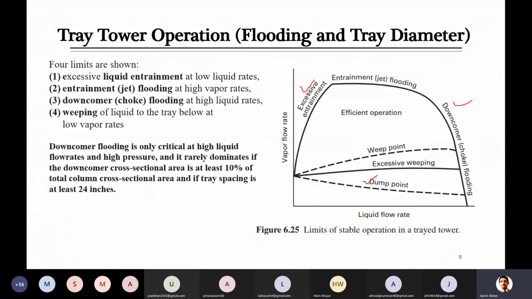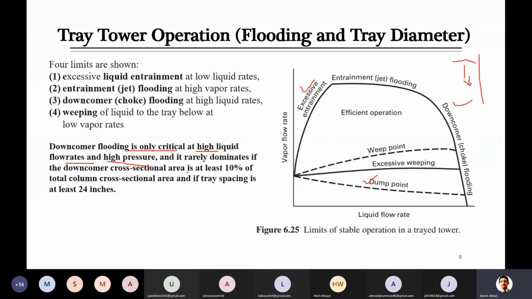So that's only critical in that case, or maybe in case of very high pressures. In high pressures, with the high liquid flow rate, you can understand that there will be a large amount of liquid that cannot be handled, so there will be flooding as a large amount of liquid passes through this small area.